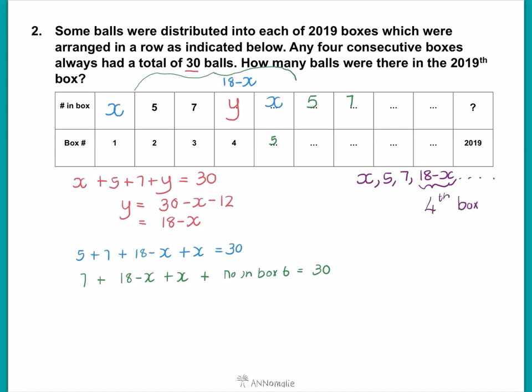So let's establish. If I take 2019, let's divide that by 4. We will find that that is 504, with a remainder of 3.